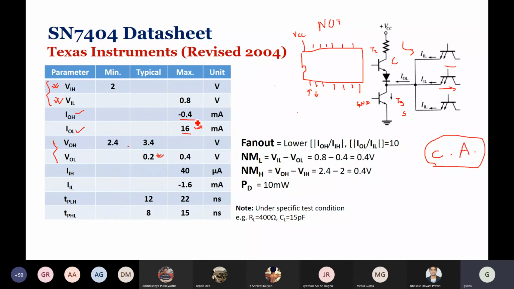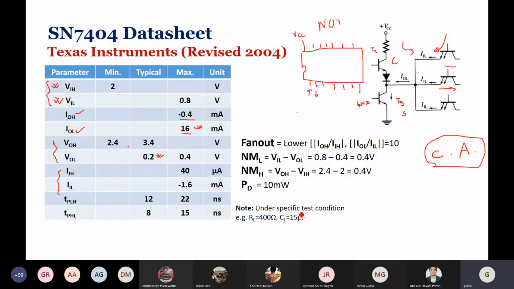Next come two other parameters, IIH and IIL. IIL is already shown here. It is the current that goes out of it when the input is low. This transistor is in saturation and acting in forward mode, so a relatively large amount of current is flowing over here.